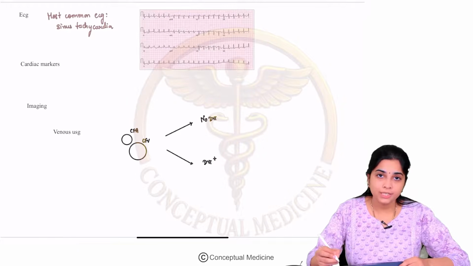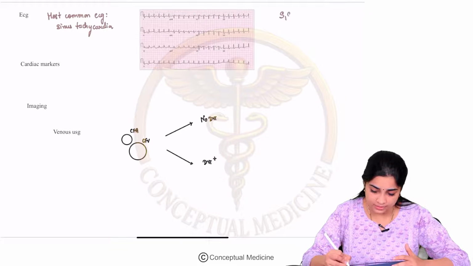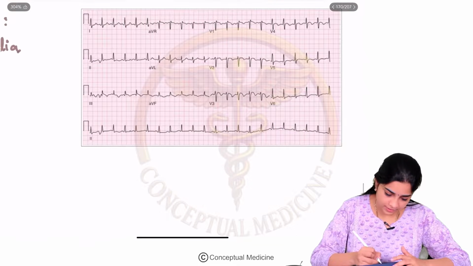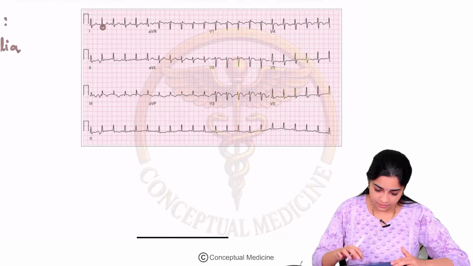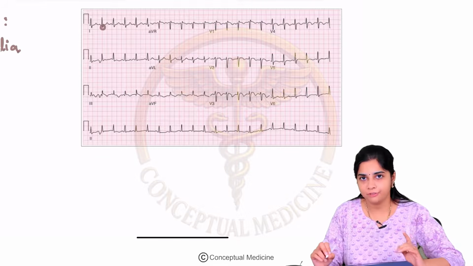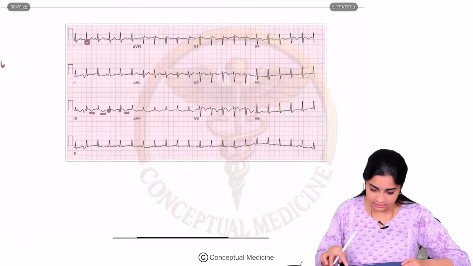Then another very important pattern which often suggests a PTE is called the S1Q3T3 pattern. Let us look at this ECG. Can you see that there are deep S waves in lead 1? Then in lead 3, there are Q waves with T inversions in lead 3.